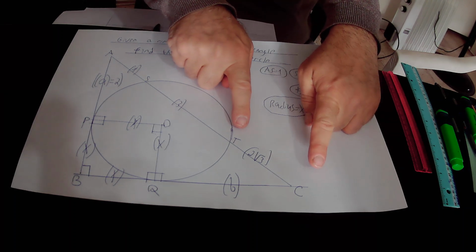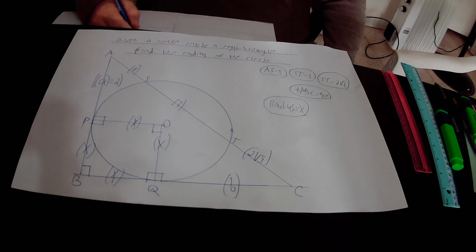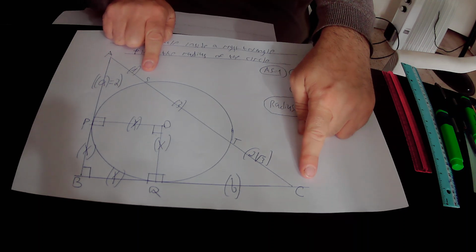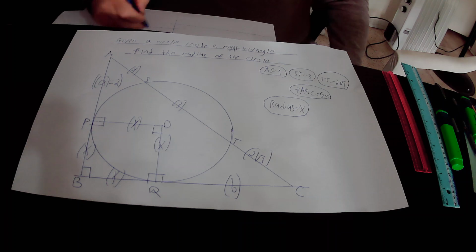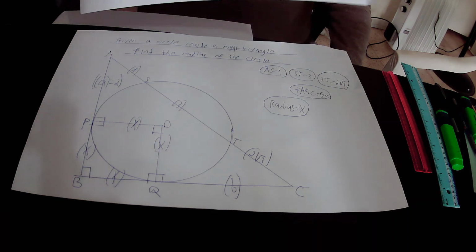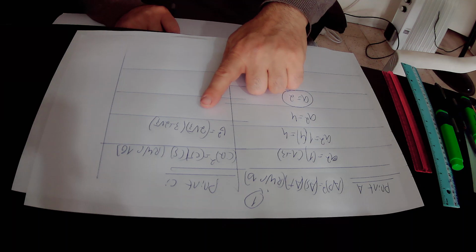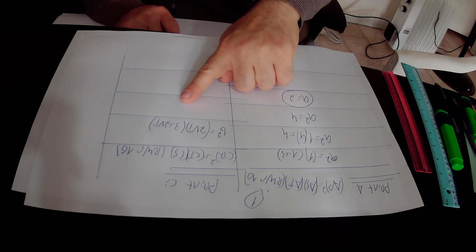CT equals 2 times square root of 3, times CS. CS in total equals 3 plus 2 times square root of 3. So in conclusion, we found out that B squared equals 2 times square root of 3 times 3 plus 2 times square root of 3.